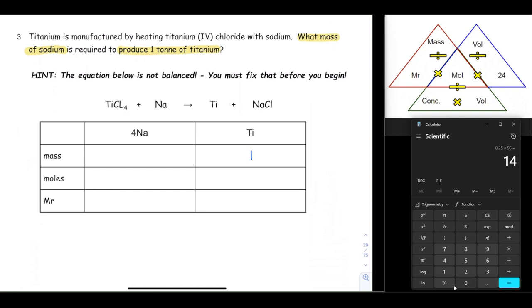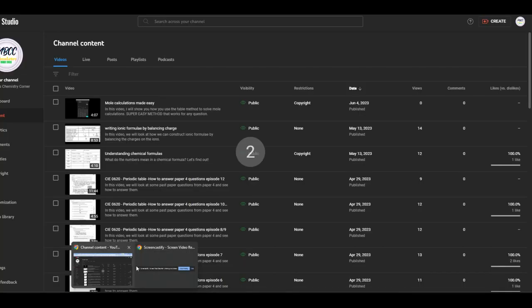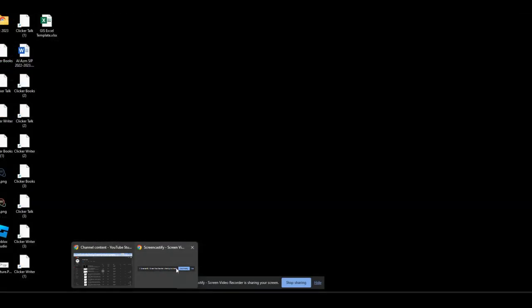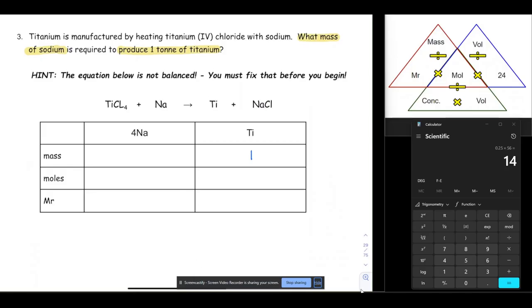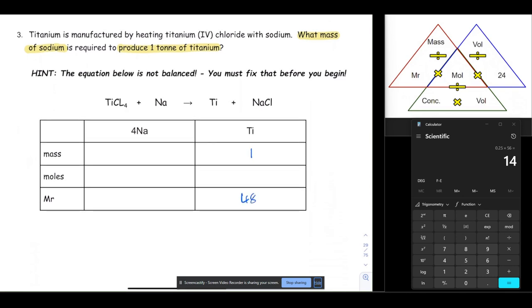Well, our periodic table tells us that titanium has a relative molecular mass of 48, and there's just one of them.